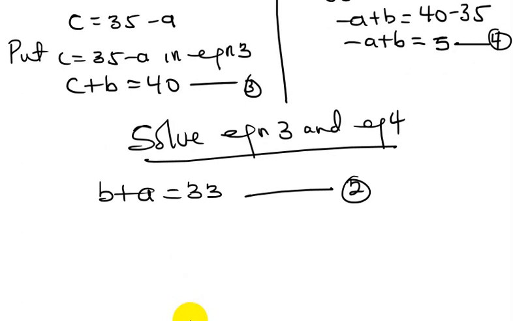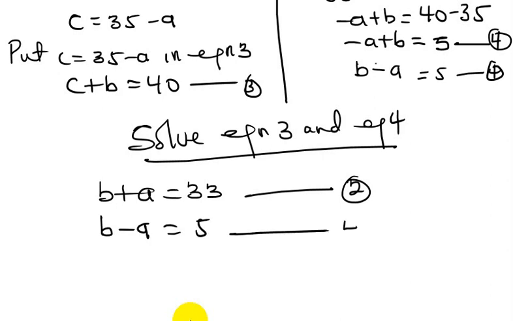I'll just change the letters. So I'll get B minus A being equal to 5. Okay, it's the same thing. I'm just changing it because I'm going to write it under equation 2 so that I can work with it simply. So I'll get B here minus A being equal to 5, and we know that is equation 4.